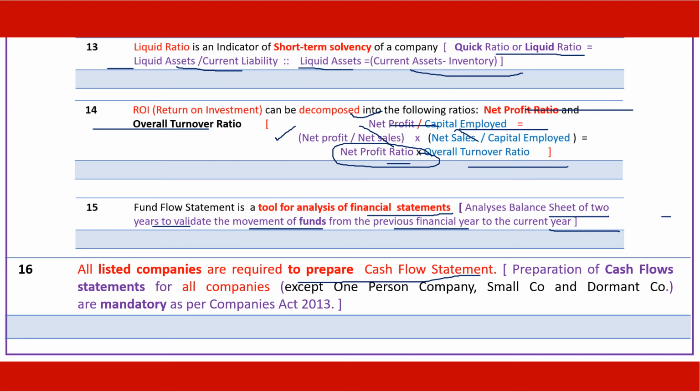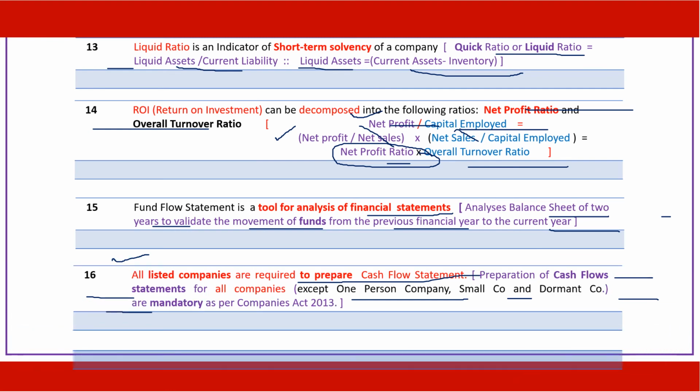Strictly speaking, every company other than one person company, small company and dormant company are required statutorily under Companies Act to prepare cash flow statement. It is not just restricted to only listed companies. It is covering all companies except these three classes.